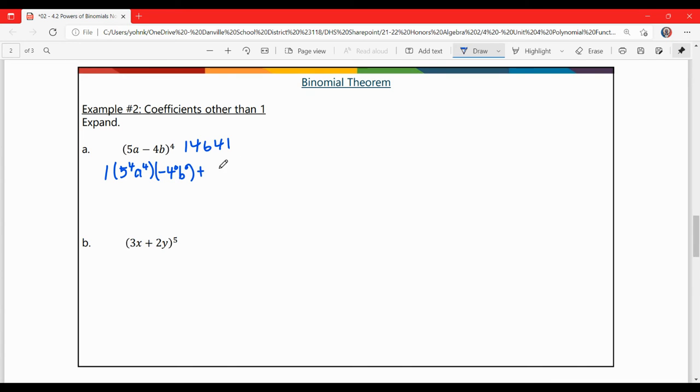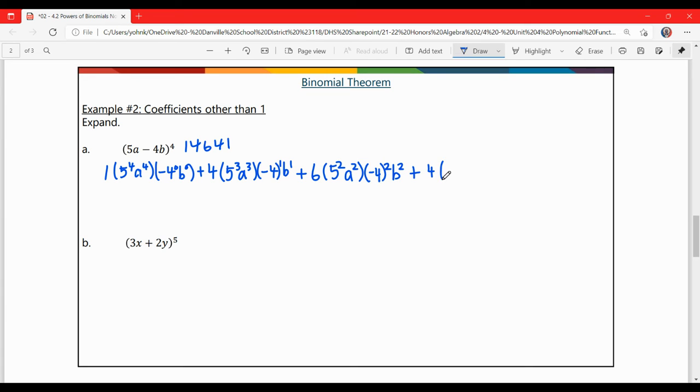Plus. Then I have 4. I take the 5a down a power. And I take the negative 4 up a power. Then I have 6. I take 5 down a power. And I take negative 4b up a power.